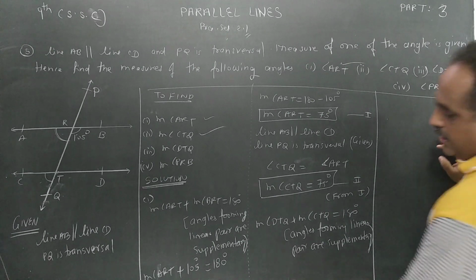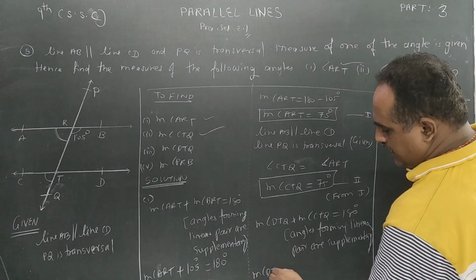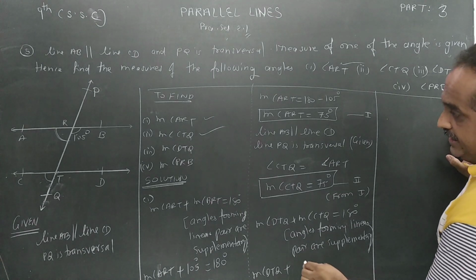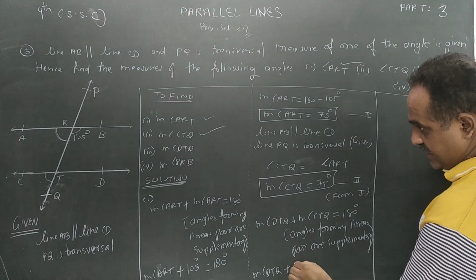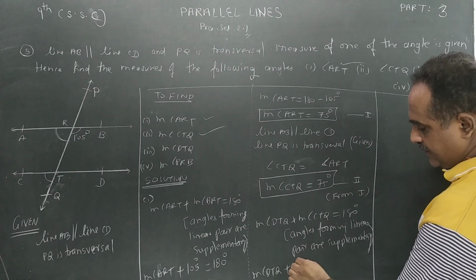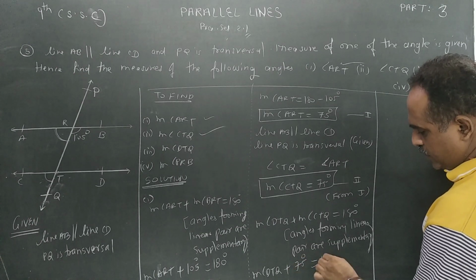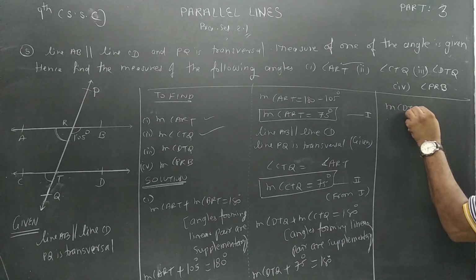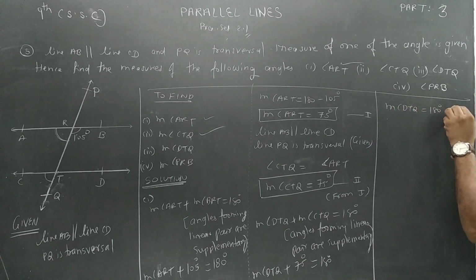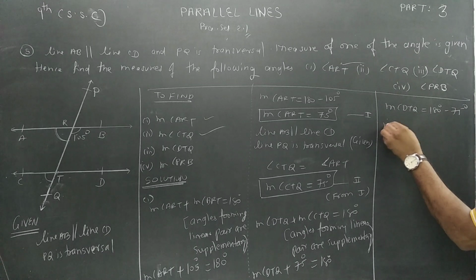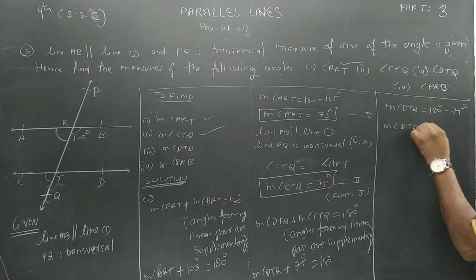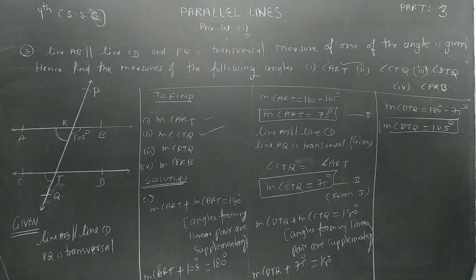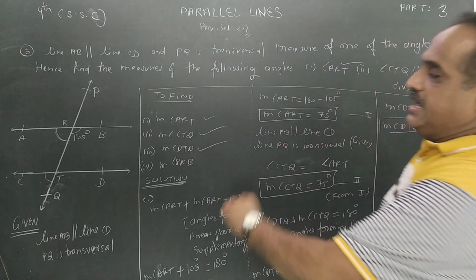Correct? So measure of angle DTQ plus CTQ, which is 75 degrees, is equal to 180 degrees. So measure of angle DTQ is equal to 180 minus 75 degrees. Measure of angle DTQ is equal to 105 degrees. We got the answer for this again.